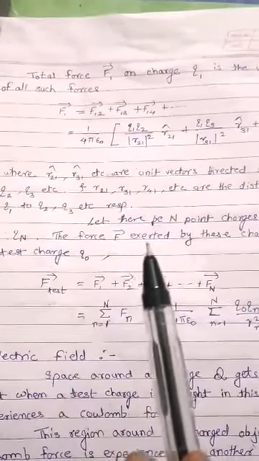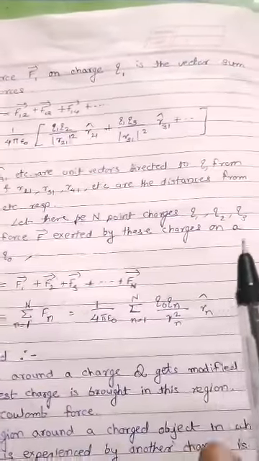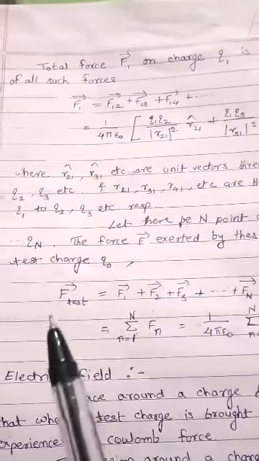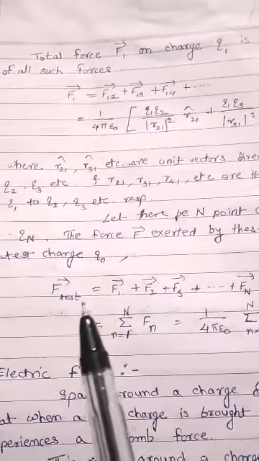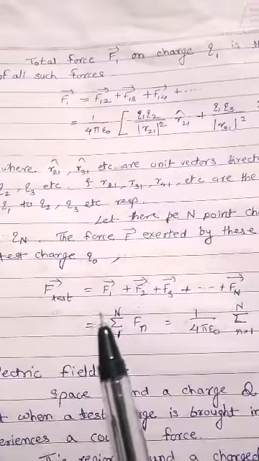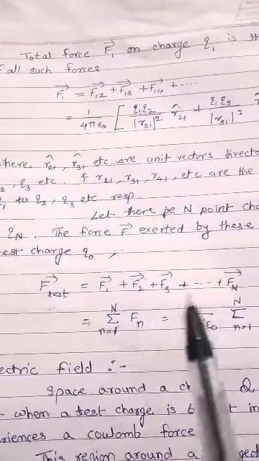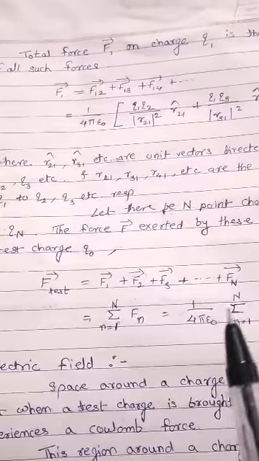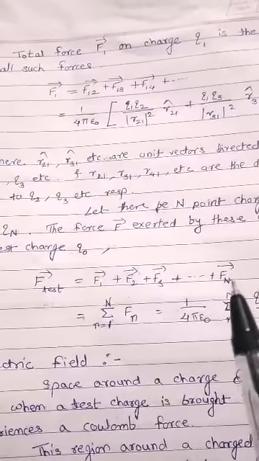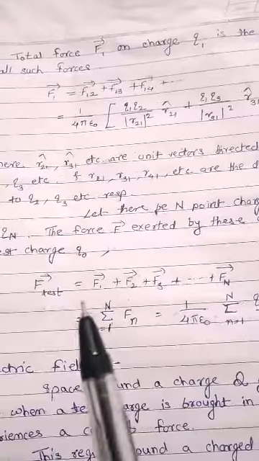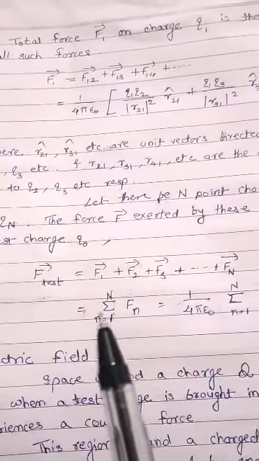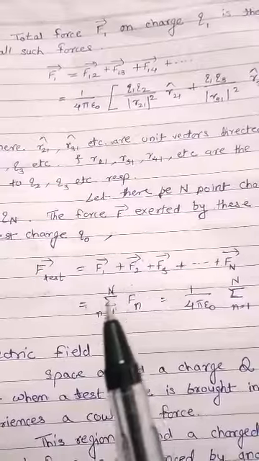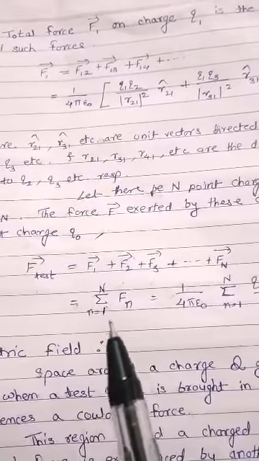Consider the force exerted by these charges on a test charge Q0. Using the superposition principle again, the force on the test charge is the addition of all these forces up to n forces. It is the same formula, but written for n charges using the summation sign, n from 1 to n.